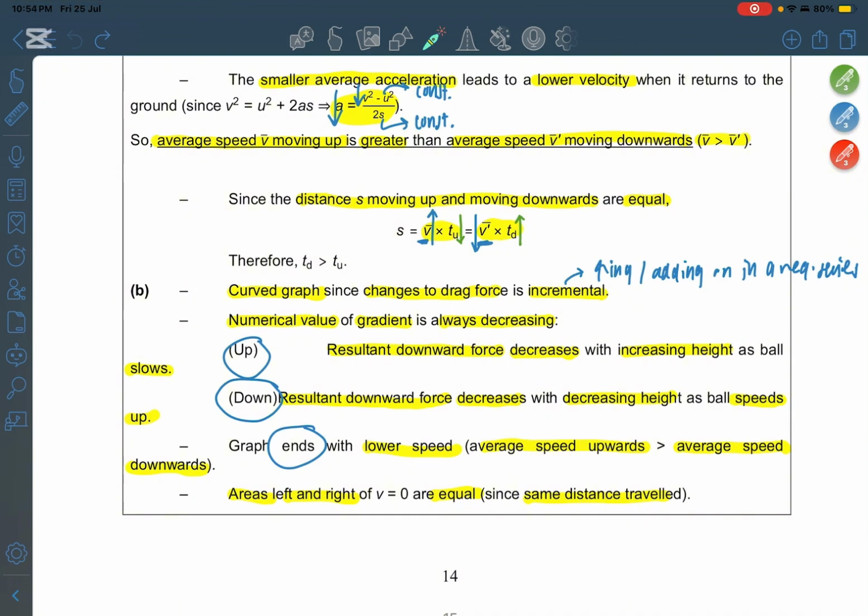And also the numerical value of the gradient is always going to be decreasing because it's slowing down. So imagine the ball is going up, right? The resultant downward force decreases with increasing height, because as it goes up, the ball is slowing down. That means the resultant downward force decreases.